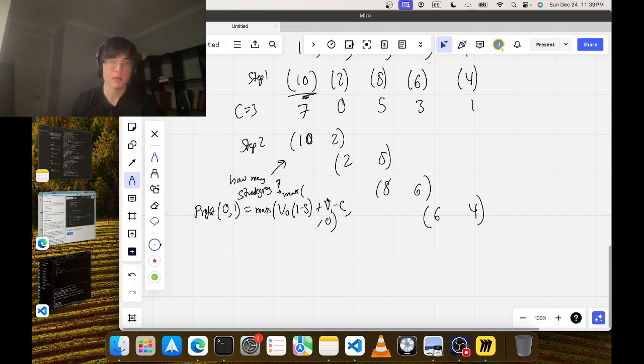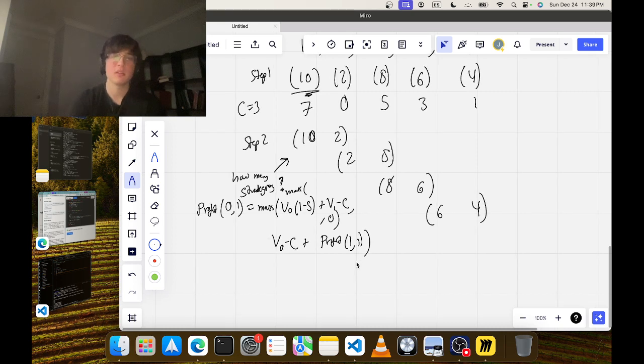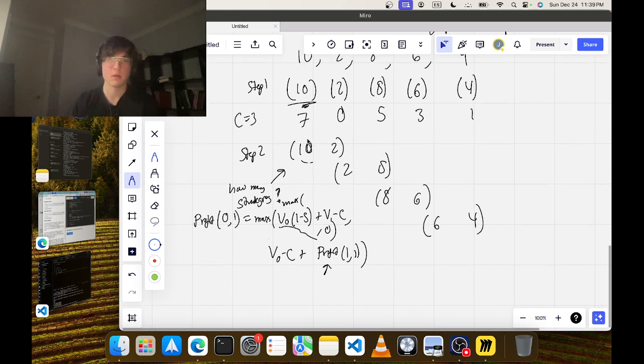The second possibility is that we took the package on day 0, v0 minus c, plus the possible profit of 1, 1. So basically I've broken this problem of 2 into a problem of something, and something that requires a solution from step 1.